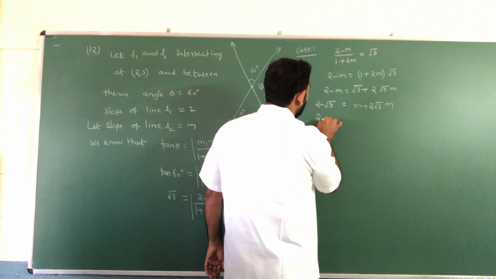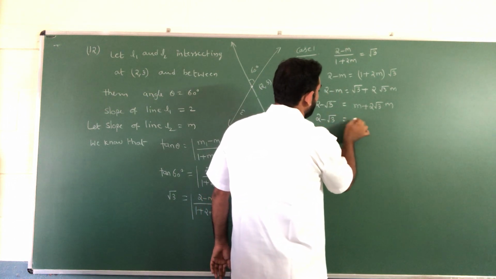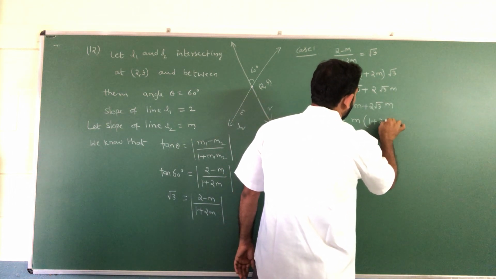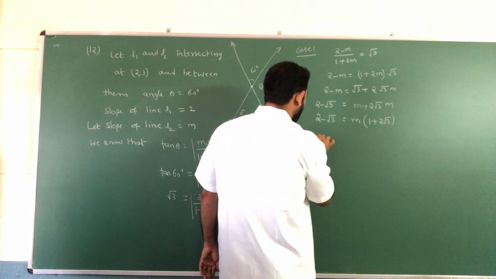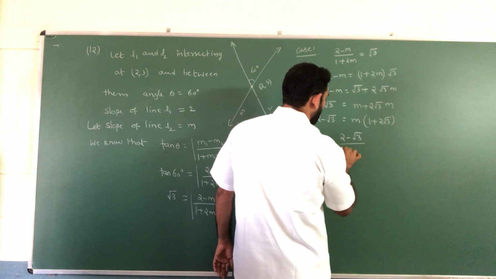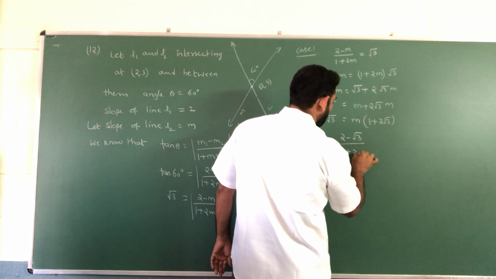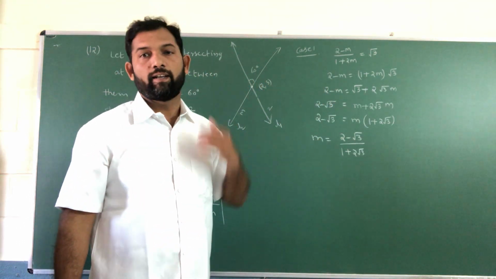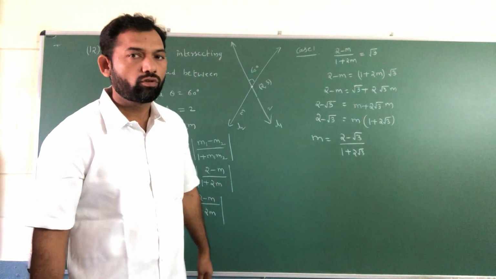So 2 minus root 3 is equal to M times (1 plus 2 root 3). So M is equal to (2 minus root 3) divided by (1 plus 2 root 3). This is the slope of the second line.